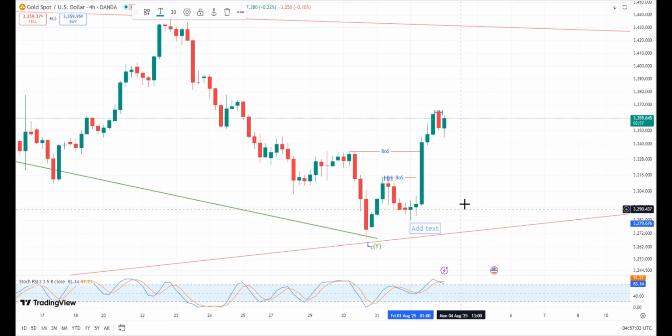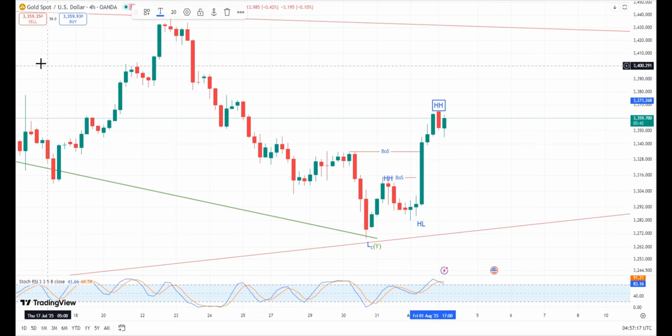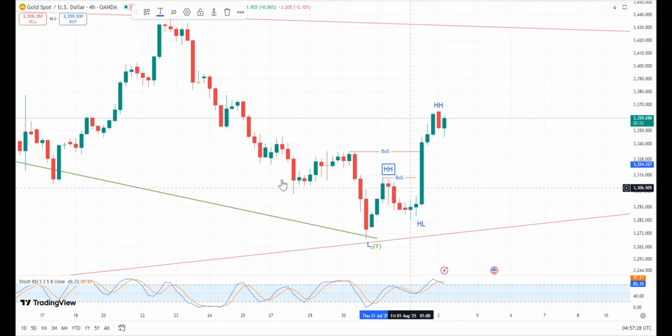And now there's a higher low in this place. So the next structure we should be looking out for, and where we should be looking out to take our trade, is the next higher low.